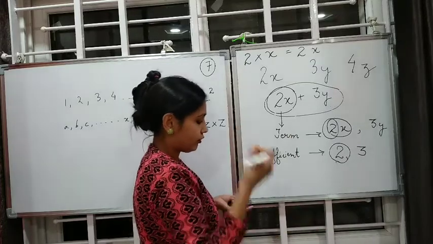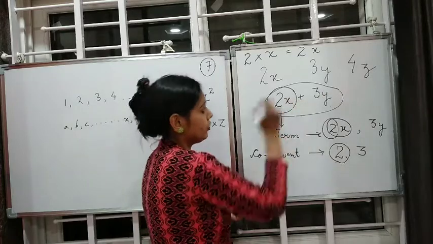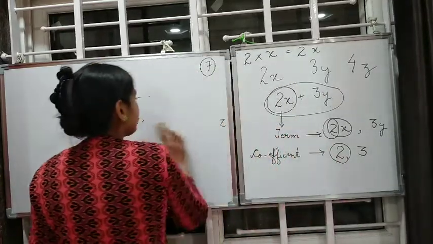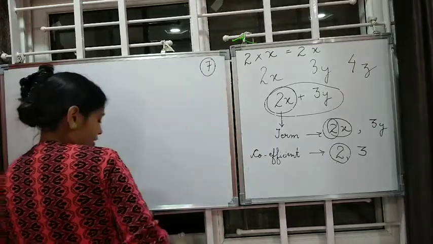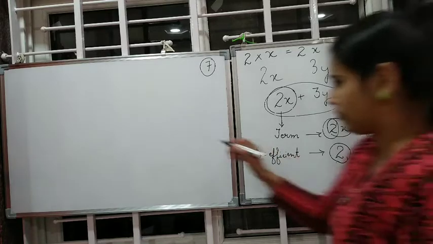Tree diagram, how is that possible? Let's have an example. Let's take an example from the book, children. Let me open the book and take an example from the book: 4x square minus 3xy.